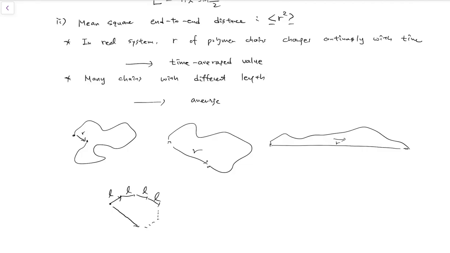Then we can denote the end-to-end distance, from the start to the end, by simply taking the sum of all of these single vectors, right? You know what vectors are, right? By simply taking the sum of all the vectors, we can determine the end-to-end distance R. Okay, so let's do it.